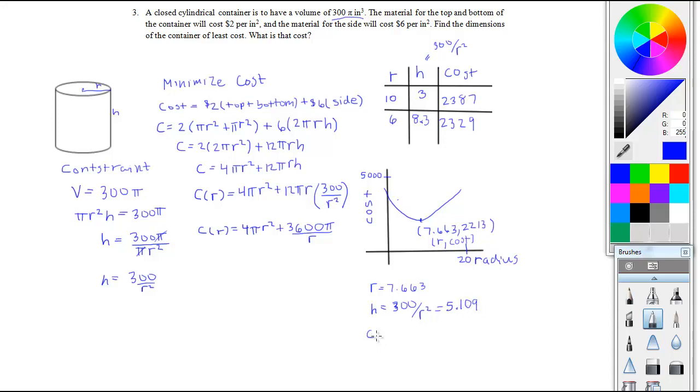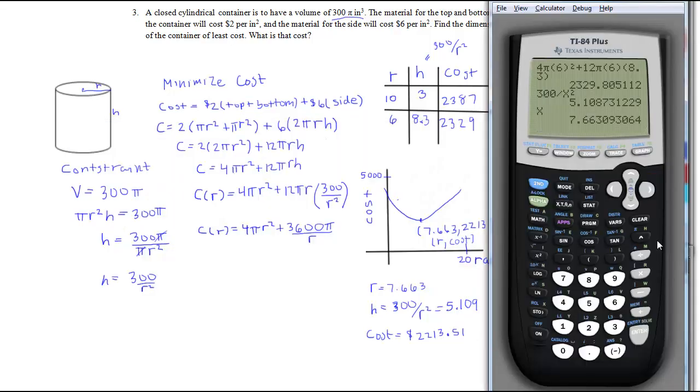And the least cost is 2,213.51. We'll round to the nearest penny since it's money. And let me check that answer. Yep, 2,200. My answer here says 81.